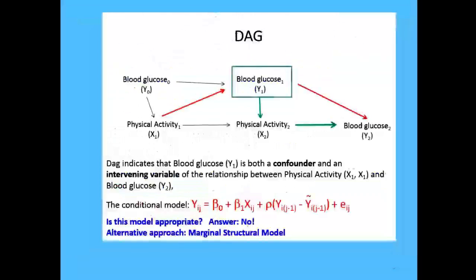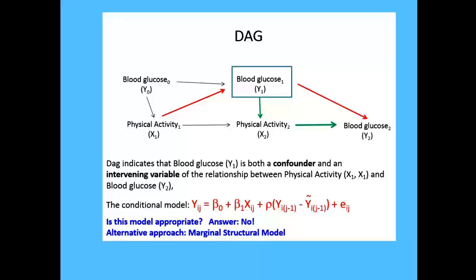The problem is when I look at the picture for what I'm describing, this is the DAG for this situation. This is where I'm going to stop, because it's loaded with this. If I look at this DAG, notice I've got these two variables. X is physical activity, Y is blood glucose level.